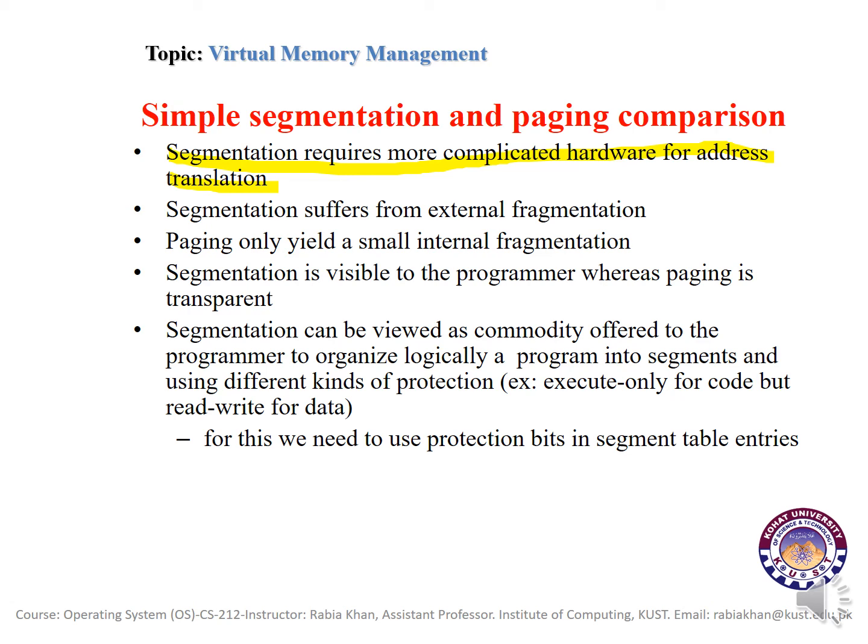Address translation of paging was quite simple, while the address translation of segmentation is a little tough, as we also have to compare the offset with the size of the segment to ensure that this is a valid instruction.